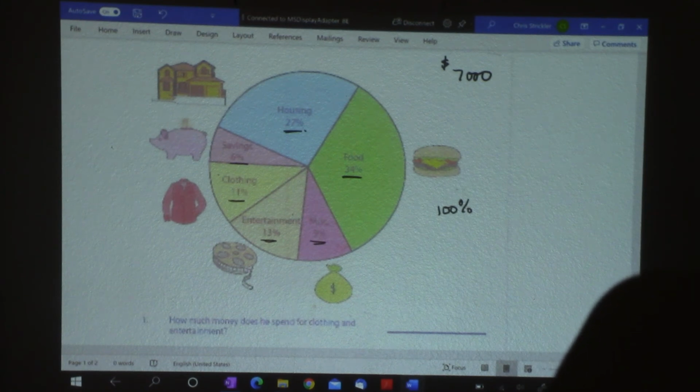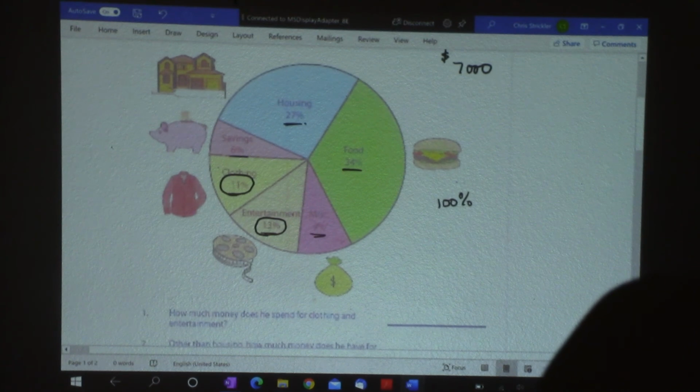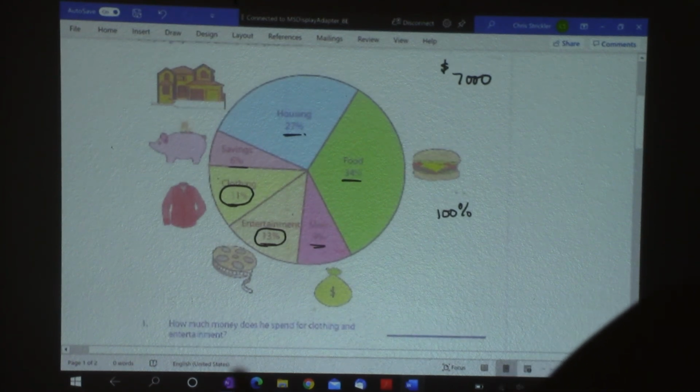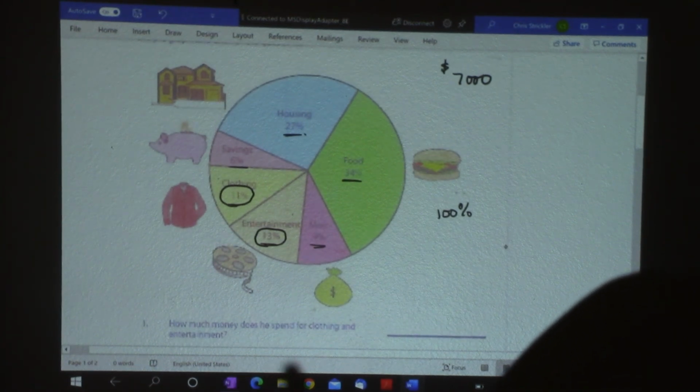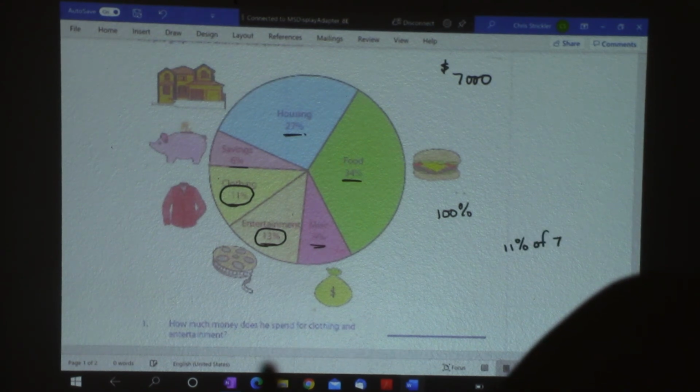Number 1 says, how much money does he spend for clothing and entertainment? If we look at this, for clothing we have 11%, and entertainment we have 13%. So over to the side here, I'm going to write 11% of 7,000.